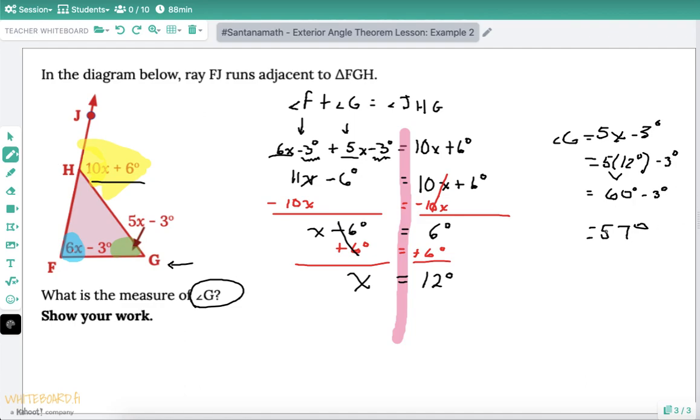And 60 take away 3 is indeed 57 degrees. So that is our final answer. Angle G is 57 degrees. We have solved this problem using the exterior angle theorem. Okay, hope that helped you out. There you go.